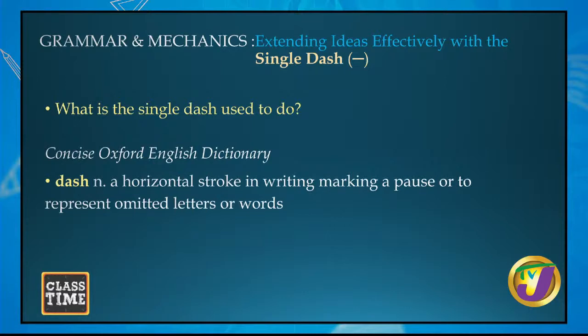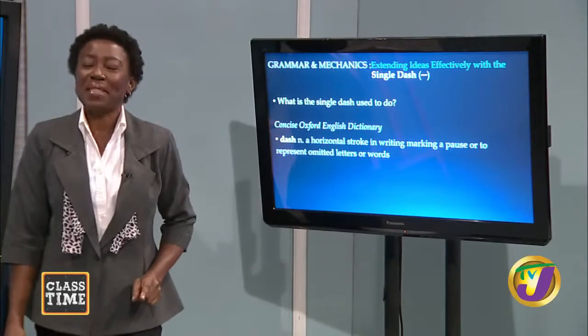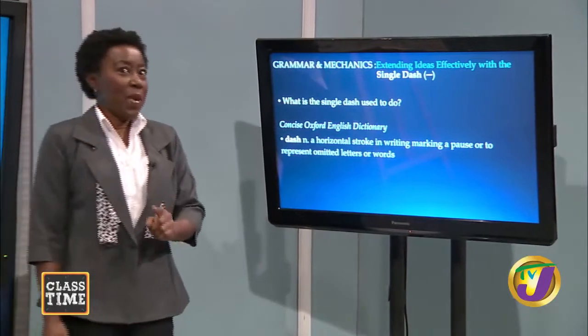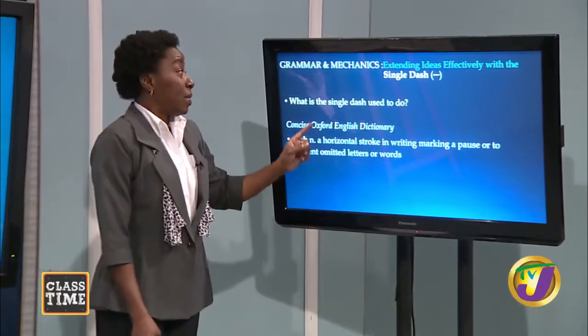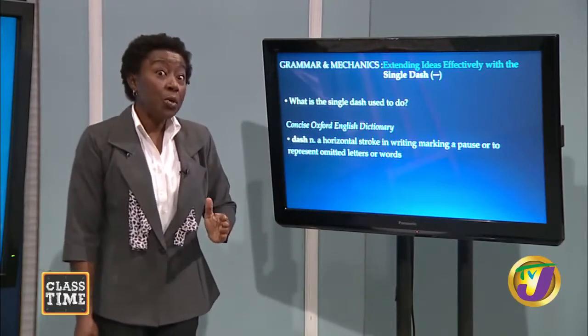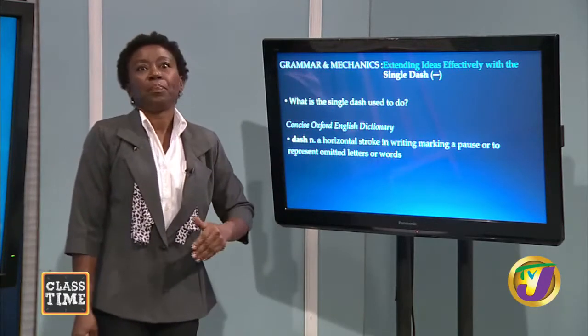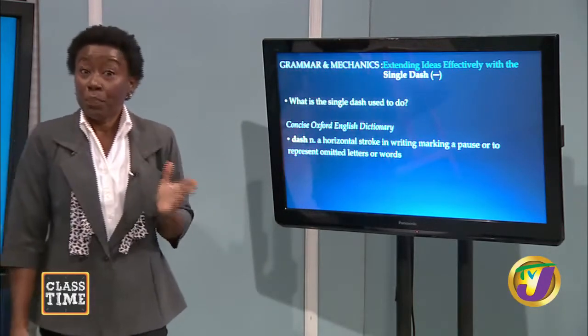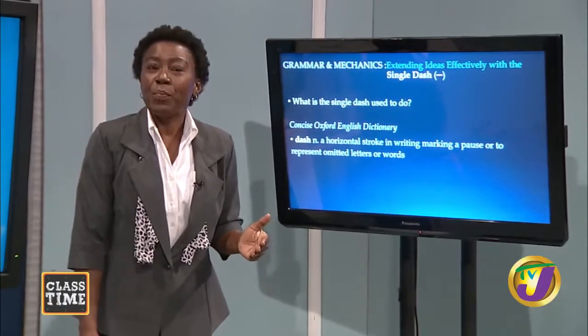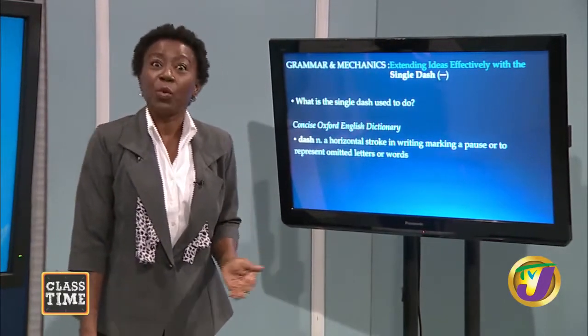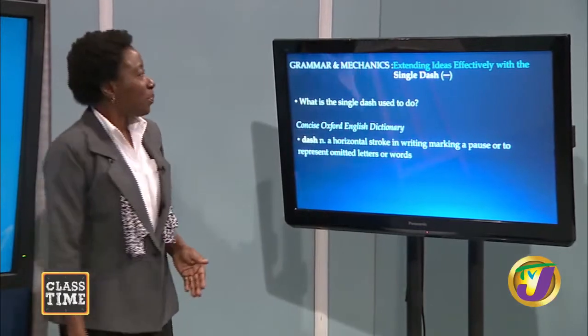And remember that many of these punctuation marks are versatile. Remember that. The single dash could sometimes be taken out and you put, for example, a colon, which we are going to look at later on.